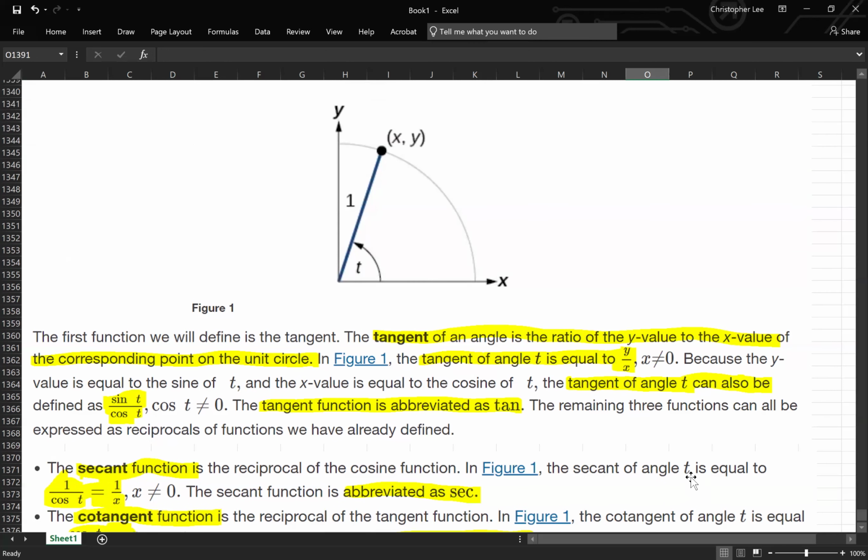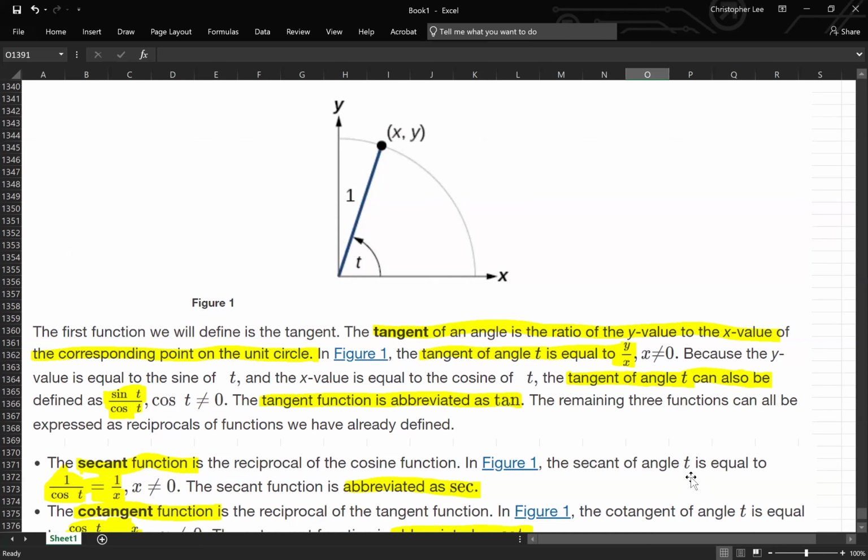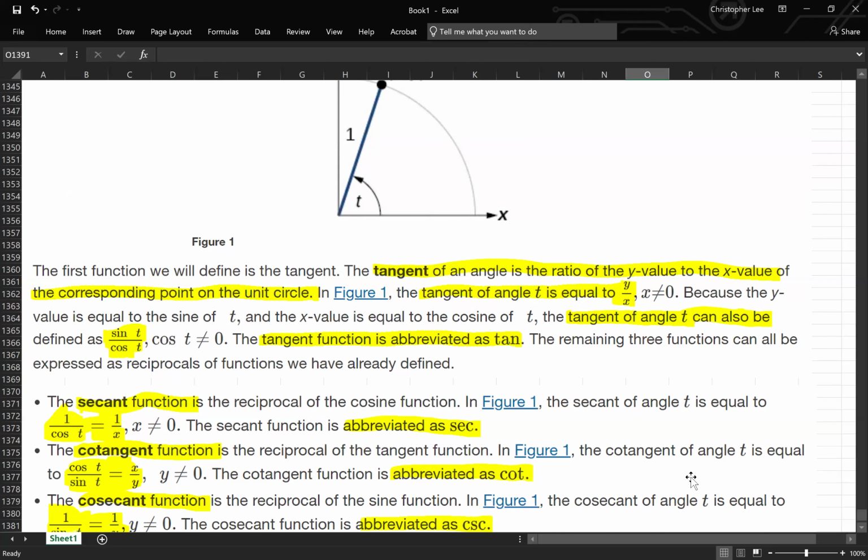In figure 1, the cotangent of angle t is equal to cosine t over sine t, or x over y, where, of course, y cannot equal 0. The cotangent function is abbreviated as cot, C-O-T.